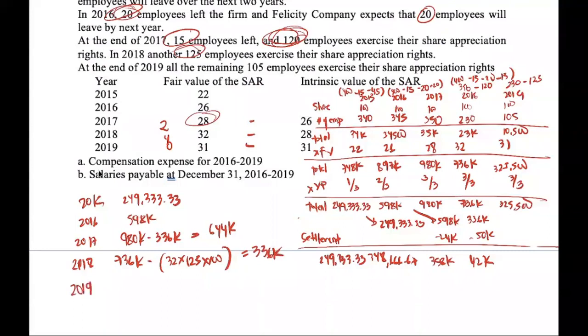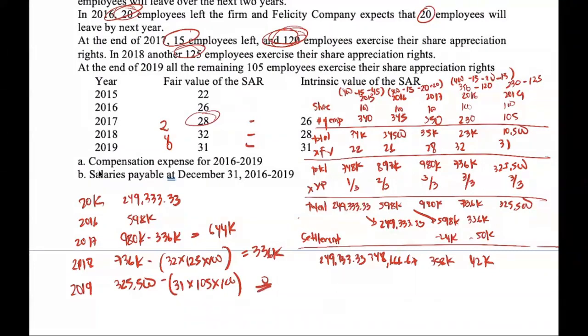And then 2019, we have 325,500, the value, which is based on 31. And since we have 31 value, 105 employees left, so this will be 0. That's our amount of our salaries payable.